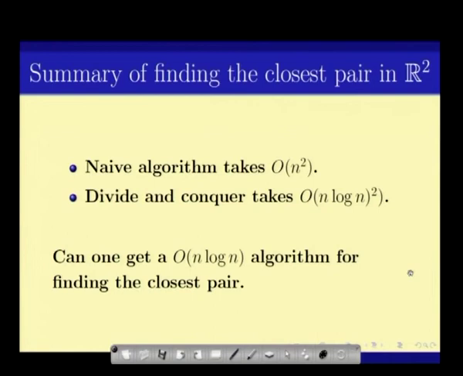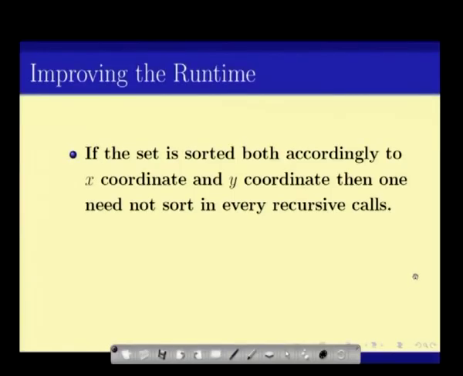The idea is simple: we do this sorting on the x axis and y axis, and once we have sorted it based on the x axis and y axis, in the recursive calls we do not need to sort it again, because it is already sorted. So, if the set is sorted, we can just go ahead and we will be done.